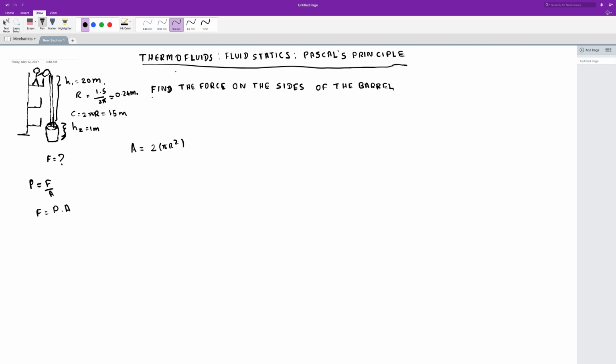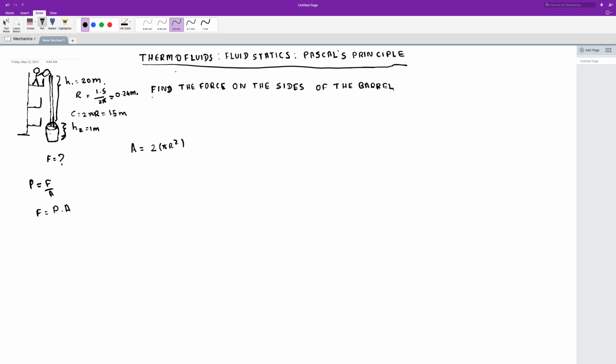So we have this value right here, so now we can find the area. Also we have to find this area right here, so we have to treat this as a rectangle. If I multiply the height, which is provided as 1 meter, by its width, in this case the width is going to be just the length of the circle.